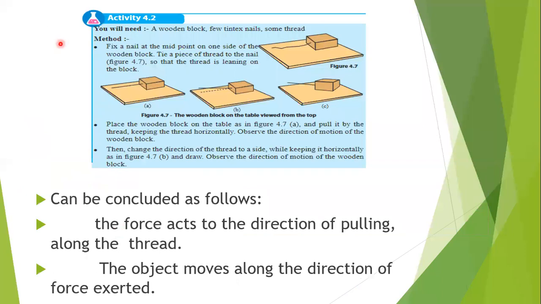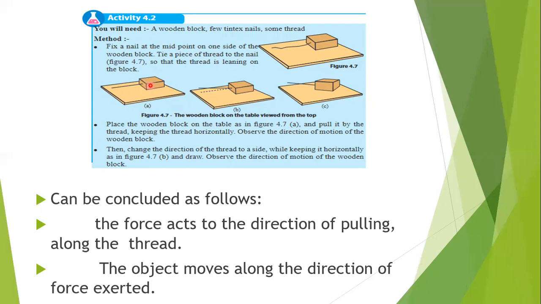Here you can see activity 4.2 in your textbook. You can do this activity at home. From this activity it can be concluded as follows. The force acts in the direction of pulling along the thread. So when you get this wooden block, here is the thread.